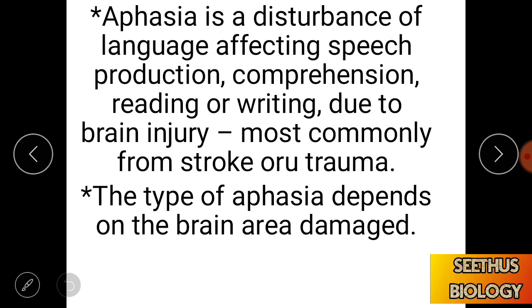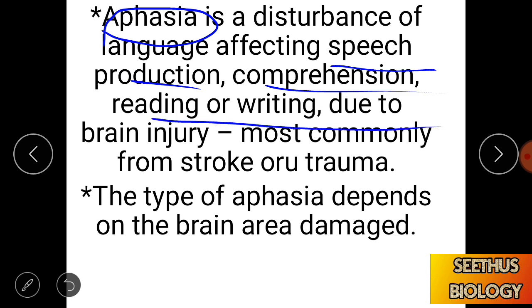Aphasia is a disturbance of language affecting speech production. Aphasia is a disease or injury that mainly affects our speech production, comprehension, reading or writing due to brain injury. If a brain injury occurs, our speech, writing skills, comprehension, way of talking and reading skills may be impaired.